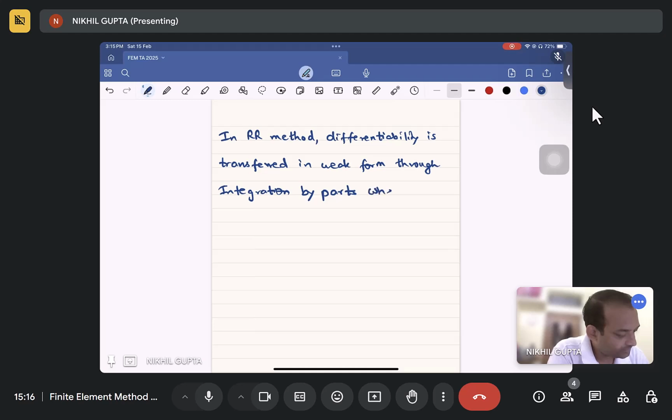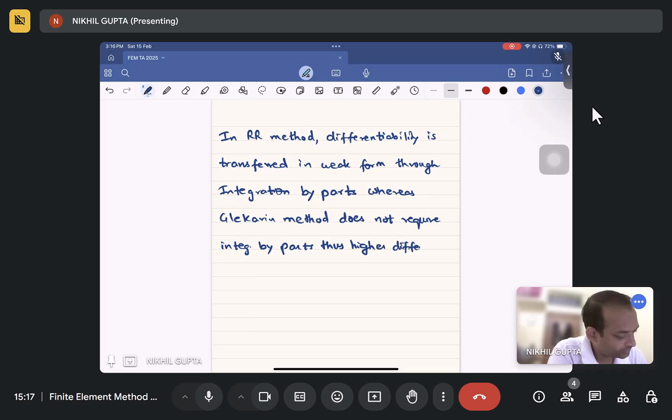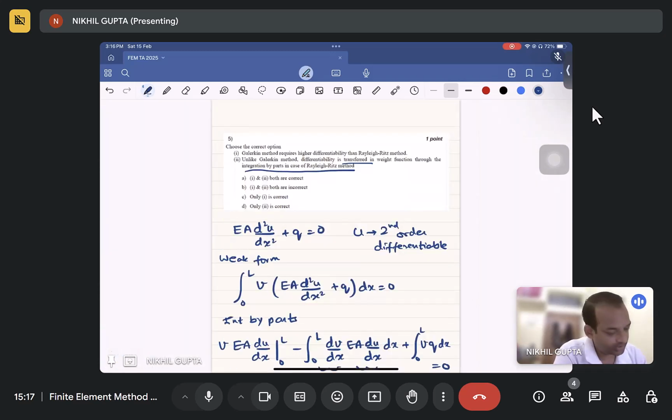Whereas the Galerkin method does not require integration by parts, thus higher differentiability, which we have discussed here. So option A is correct, which says both are correct.